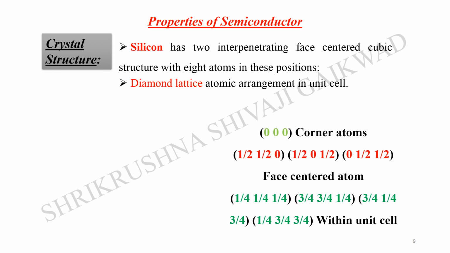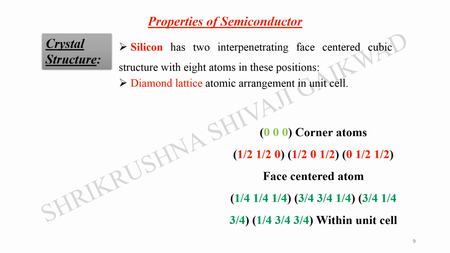On the other hand, within the same material there is another interpenetrating FCC. Where is it placed? Instead of the corner atoms, the first atom will be situated at the 1/4 1/4 1/4 position.